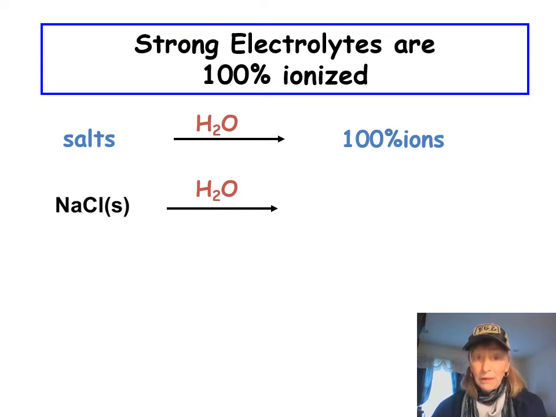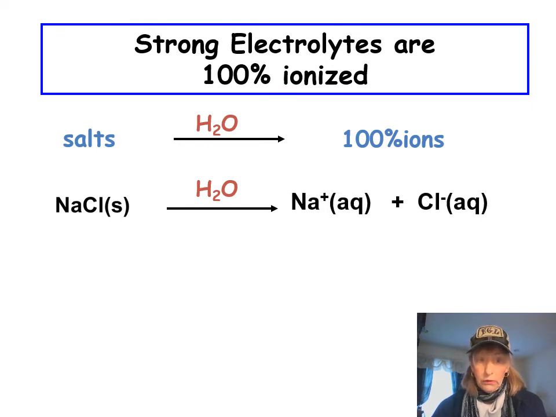What happens? The water pulls apart the sodium chloride solid and totally hydrates it. That's what this means over here. So notice I have ions. That's all I have. No more solid compound. 100% ionization. Strong electrolyte.